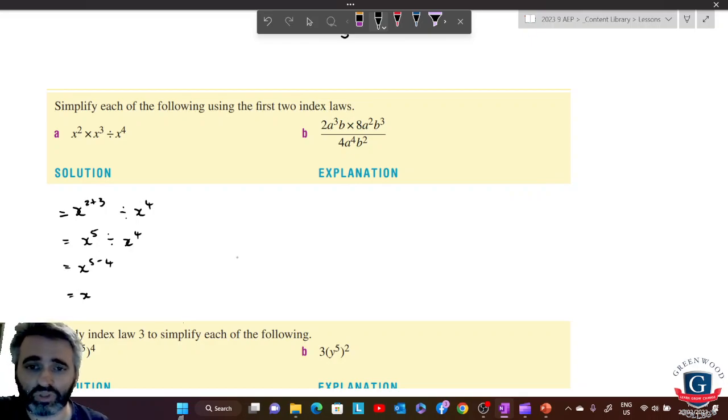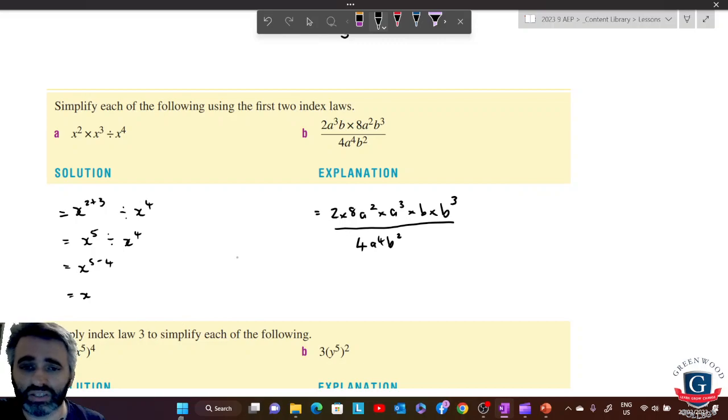Next one, well, we're going to have the 2 times 8 on the top, the a squared times a cubed, the b times the b cubed, the 4 on the bottom, a to the 4 b squared. When you have fractions, there's an implicit bracket here and an implicit bracket here.